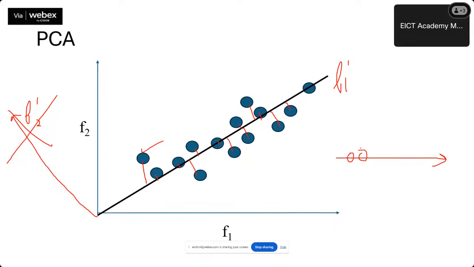So this data is here, this data is here, and so on and so forth. And you see that the loss of information is minimum. This information has been lost, and therefore I say that the data is really one dimensional in nature, and PCA does that beautifully. PCA absolutely wonderfully does that.